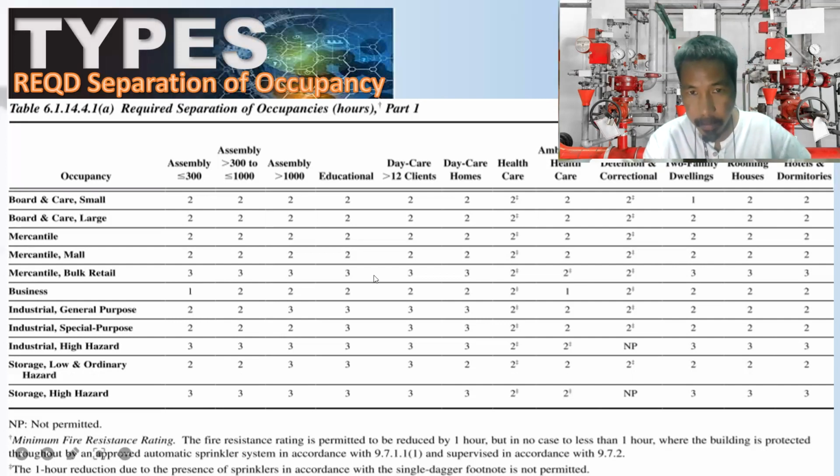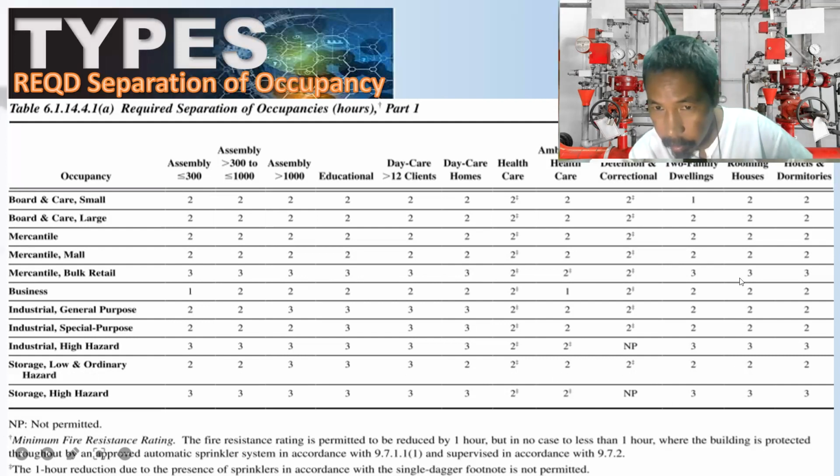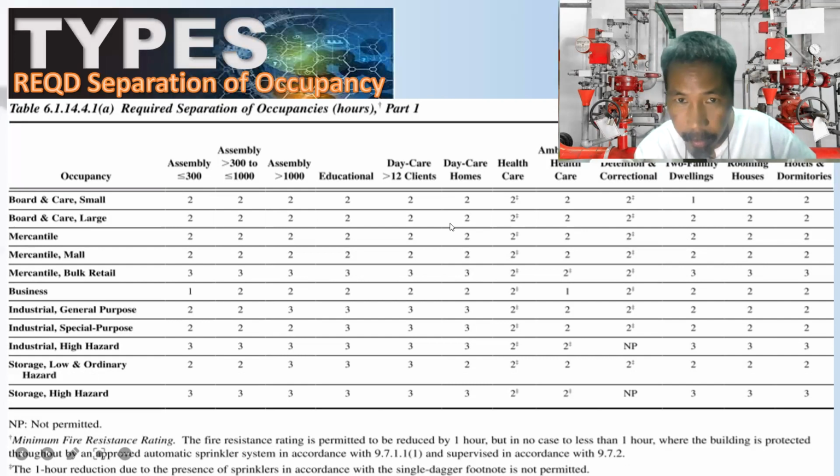Mercantile, 3 hours. Usually mercantile, 3 hours. 2 hours to 1 hour, 3 hours, and 0 hour. There are no 4 hours. So those are the time that we expect most of the occupancy would be able to get out of the area.